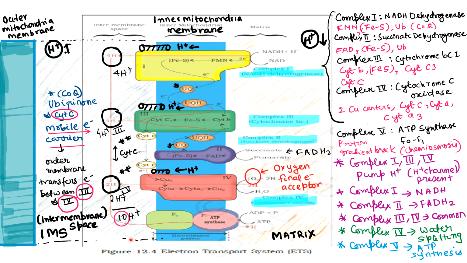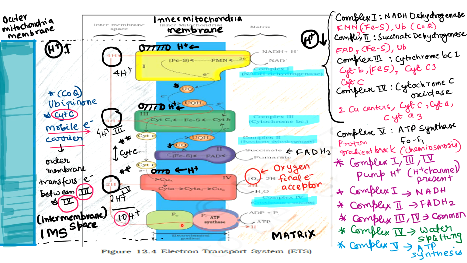So net result, when we come to complex 5, what do we have here? If we see the IMS and the matrix, the concentration of the protons is very high in the IMS compared to the matrix. So the protons will tend to flow from the IMS towards the matrix through the F0 and F1 complex.